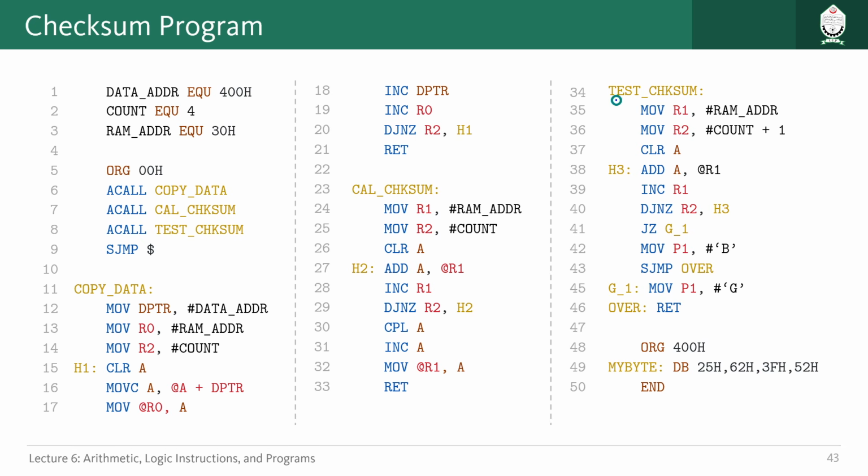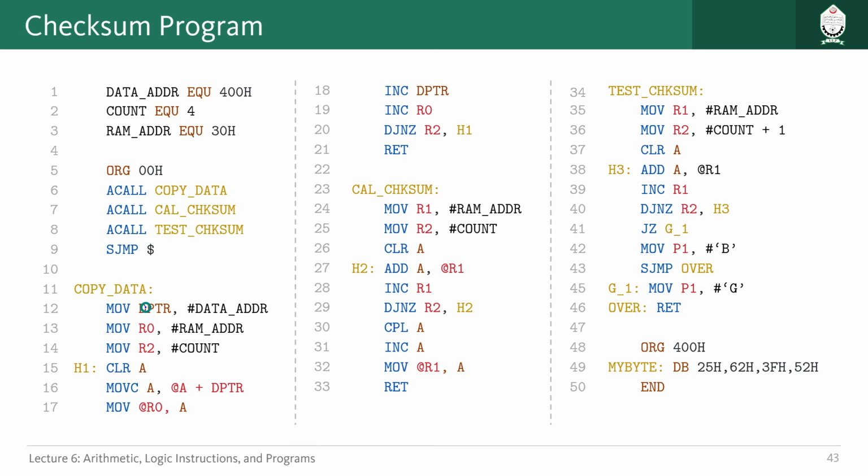And then the next one, test checksum, is for after calculating the checksum, if we have transmitted the data, how we can actually test the checksum to figure out whether the data is correct or not, whether there is any corruption or not. So that's why you see, starting from 00h, we have just called these three subroutines, then we have given an infinite loop here, short jump $ sign.